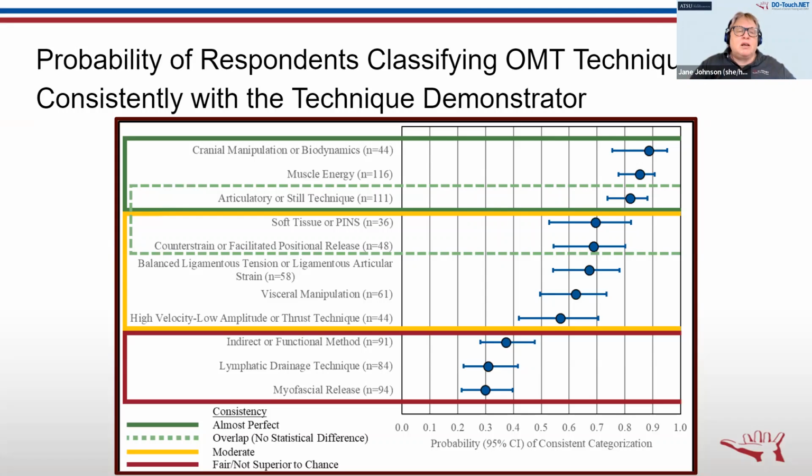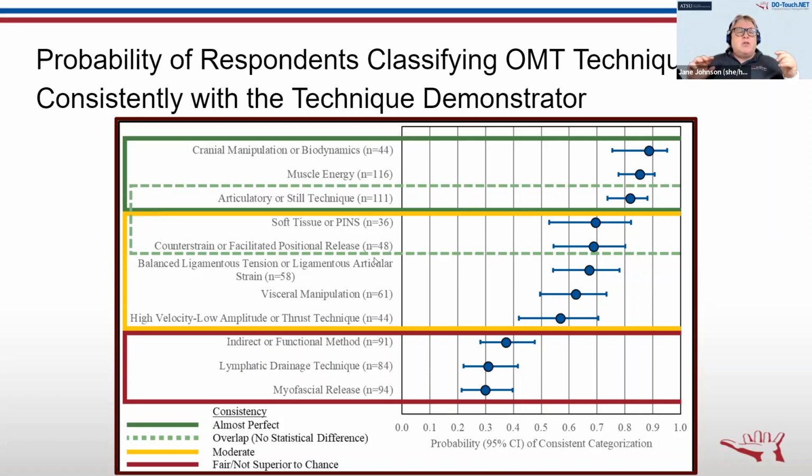And if you notice the soft tissue or pins and the counter strain or facilitated positional release, those confidence intervals, which are the bars to either side of the dot, are fairly wide compared to, say, muscle energy or articulatory or still technique. The sample sizes for those two techniques are fairly small compared to muscle energy and articulatory.